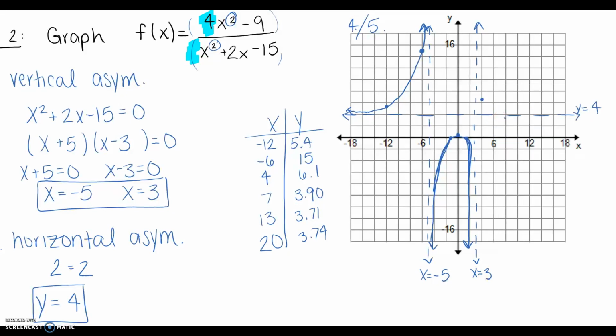And then at 13, we're at 3.71. And at 20, which is off the grid, but that's okay, we're at 3.74.